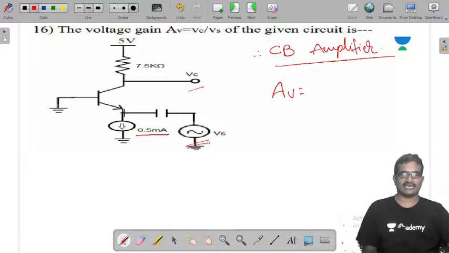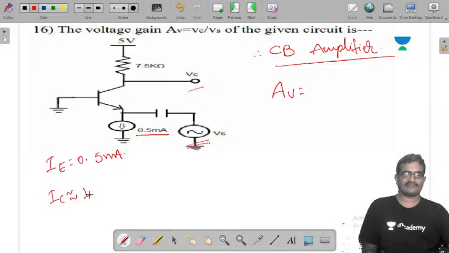See this, emitter current they gave 0.5 milliamperes, DC emitter current, and in a transistor IC is approximately IE, that is also 0.5 milliamperes.